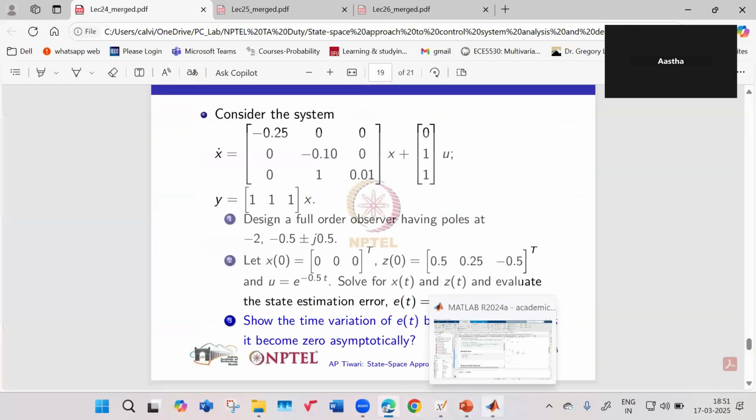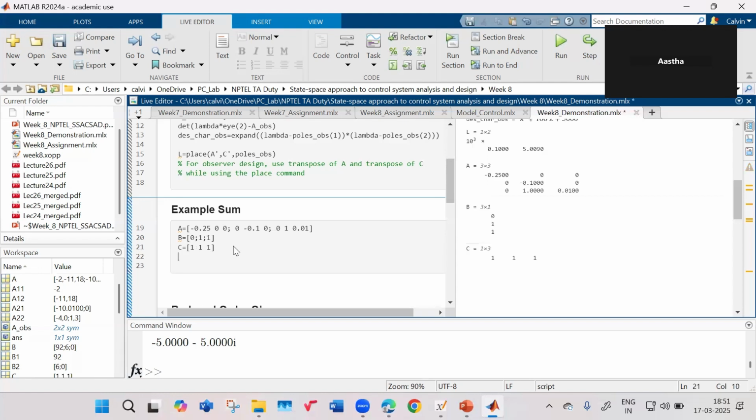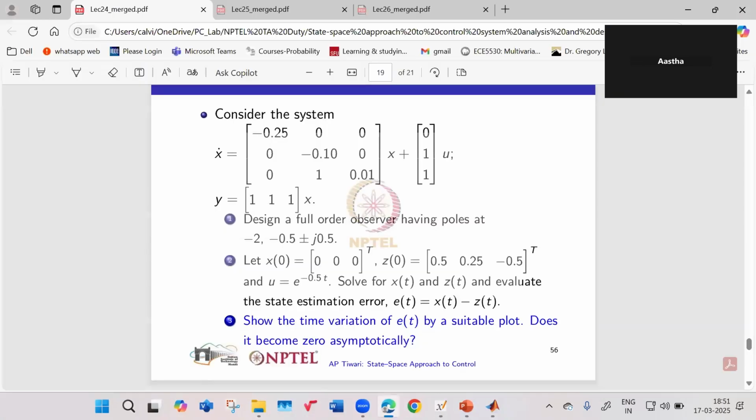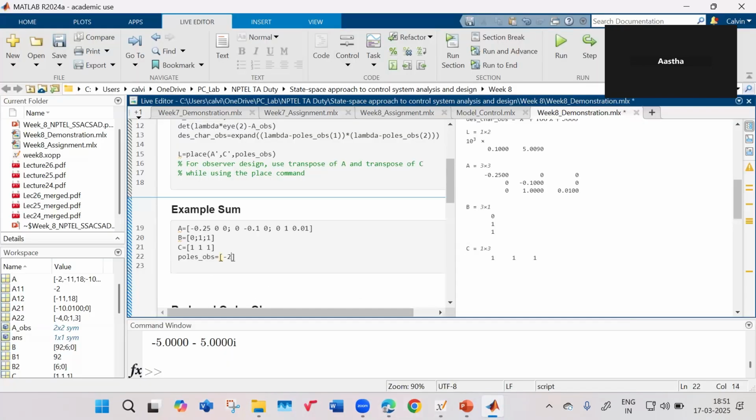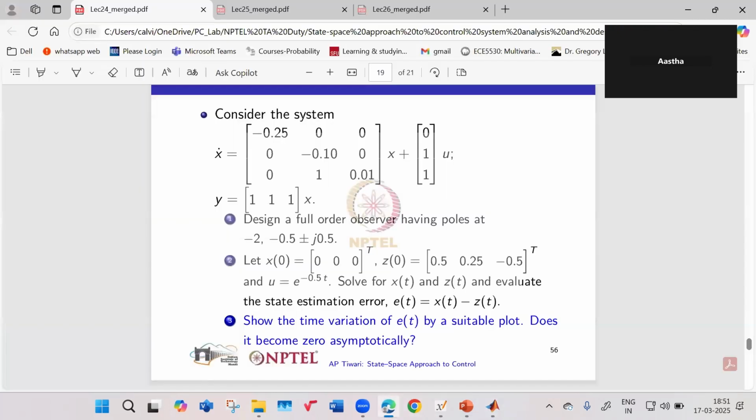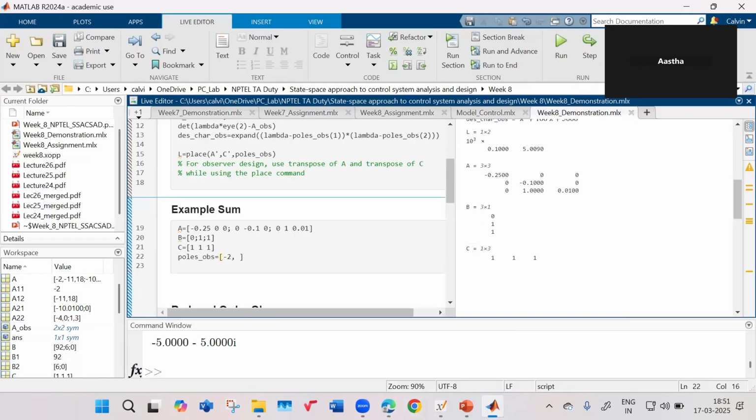So what are the pole locations? The poles of our observer should be at -2, and -0.5 plus or minus j0.5. So it should be at -0.5 plus 0.5i, and then its complex conjugate -0.5 minus 0.5i.